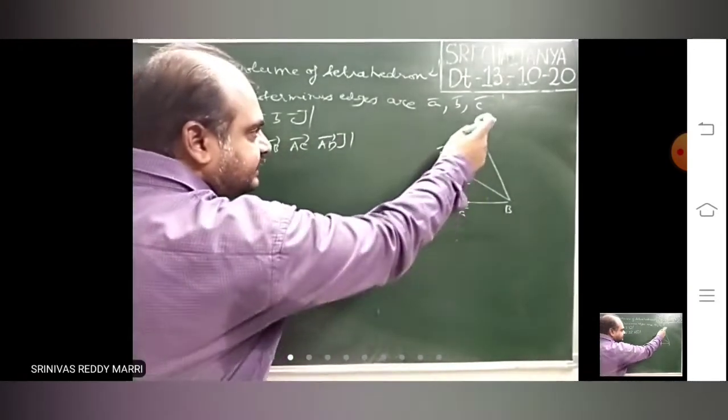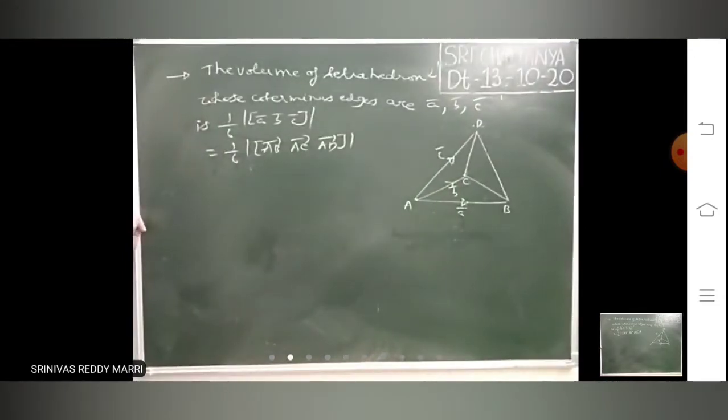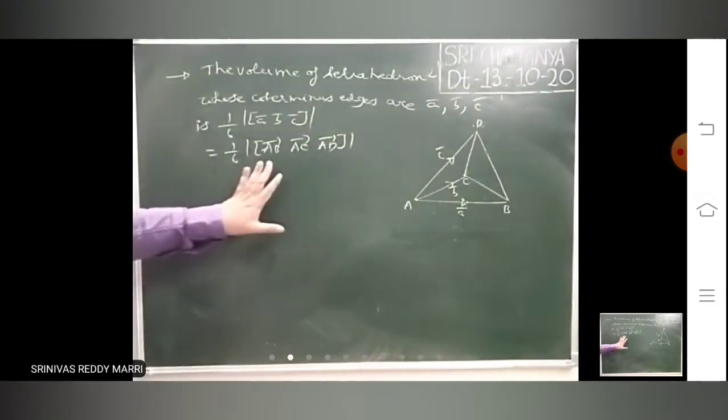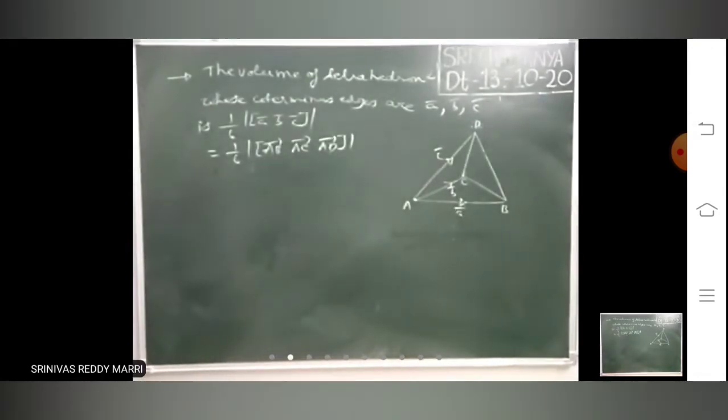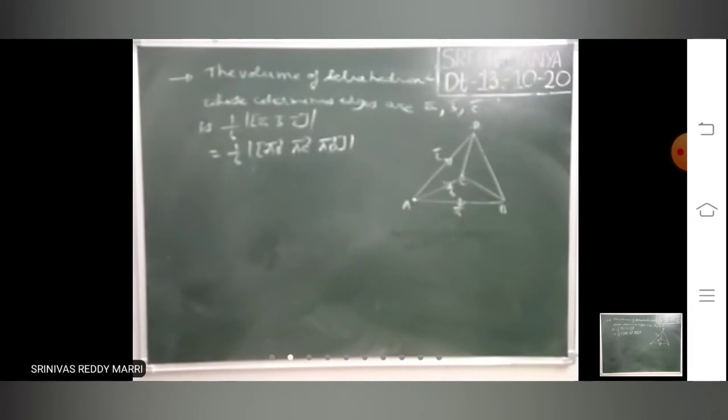That's why you take this C and that D. ABD is your base. So the formula is 1 by 6 into box of AB bar, AC bar, AD bar.